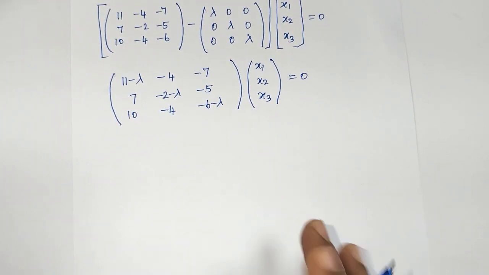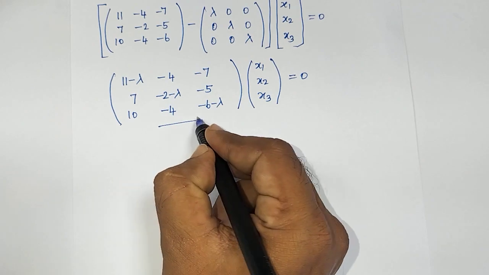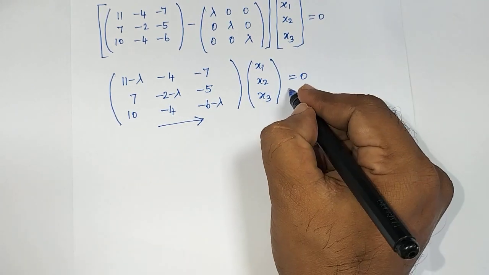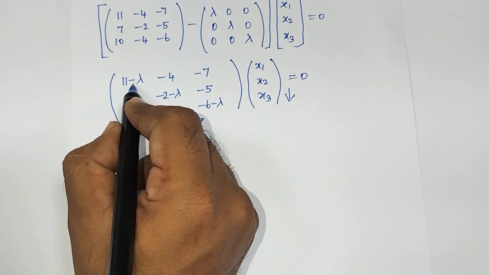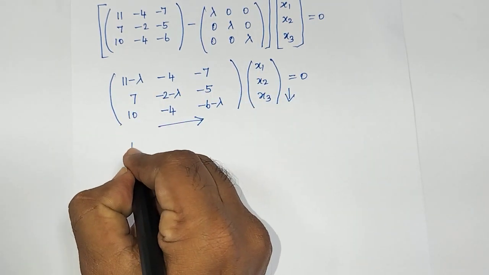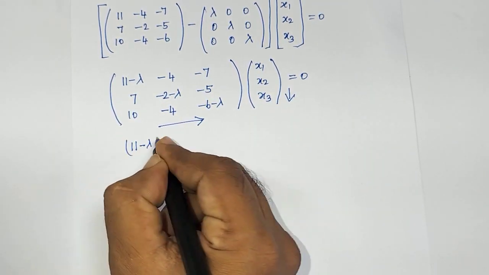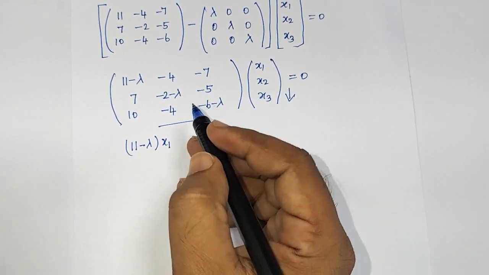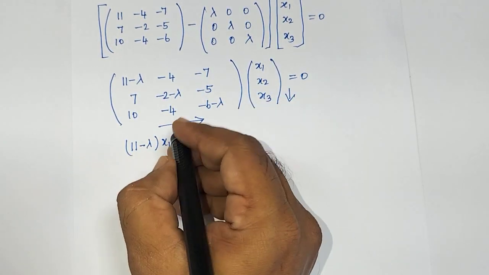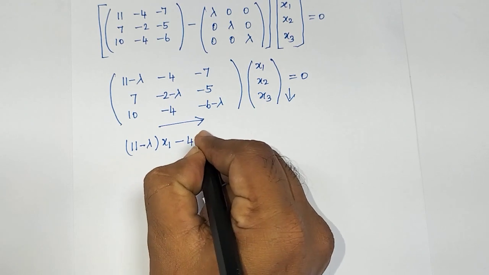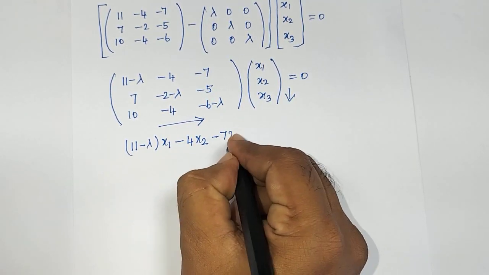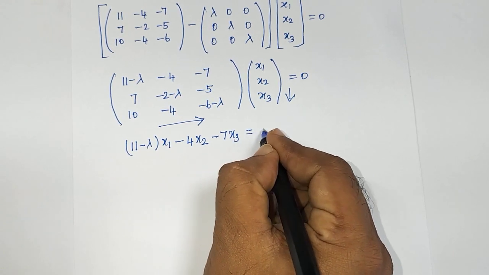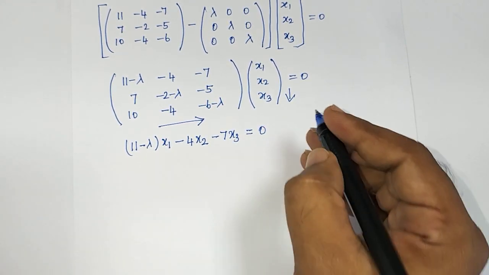Okay. Now you can multiply both the terms, first matrix row wise, second matrix column wise. You will get the equation: 11 minus lambda into x1 and minus 4 x2 and minus 7 x3. This is the first equation.